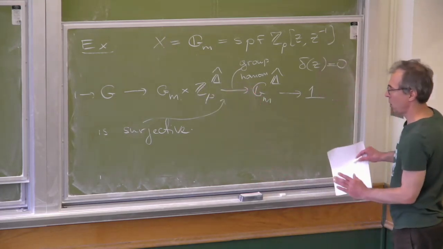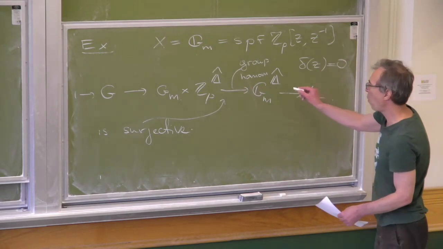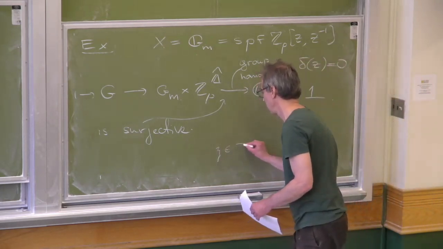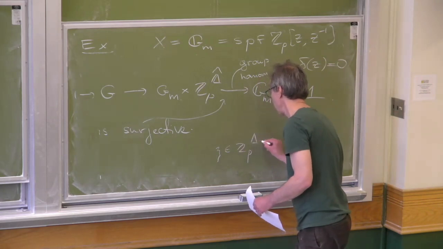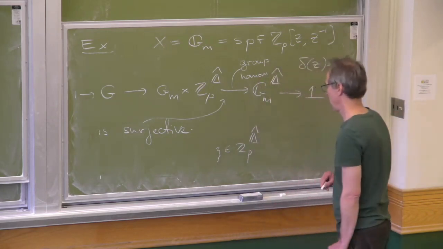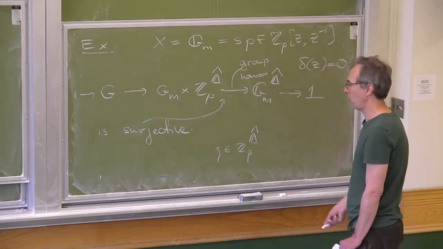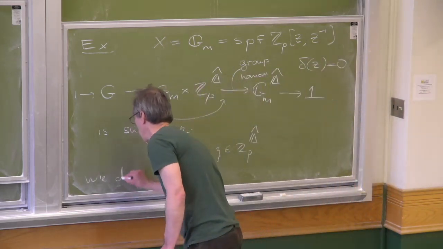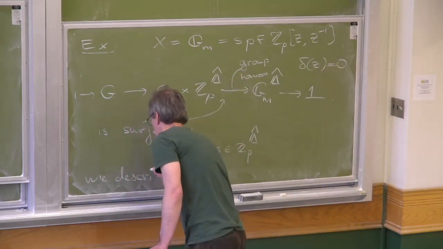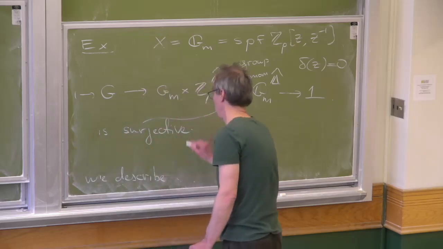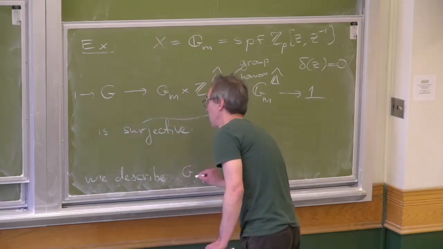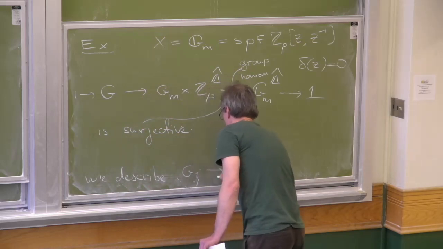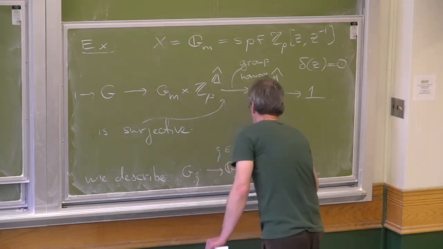What I'm going to do, given a point C in CP sheared prismatization, is describe this G_C G_m explicitly.